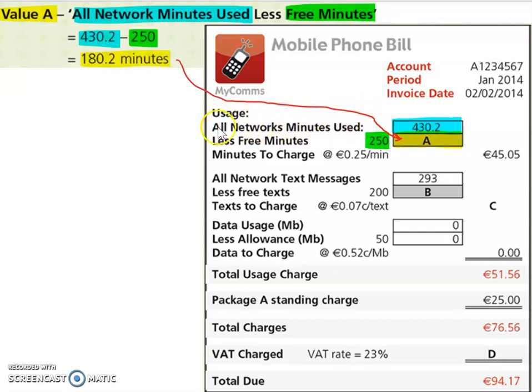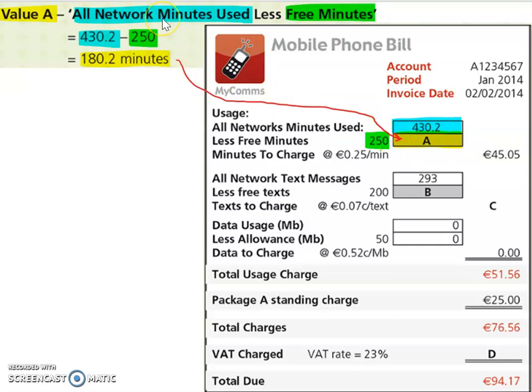The person who used this phone used 430.2 network minutes. Less free minutes means we're going to subtract the number of free minutes that they get. In their monthly bill, they get 250 minutes free. So we need to subtract these to figure out how many minutes they actually get charged on.